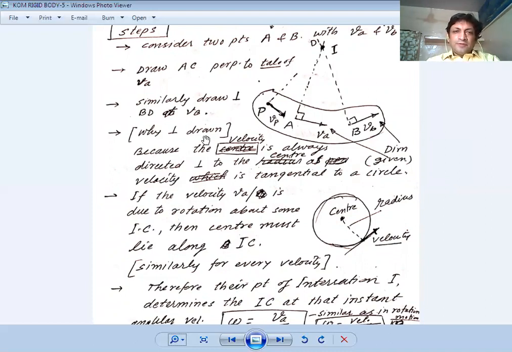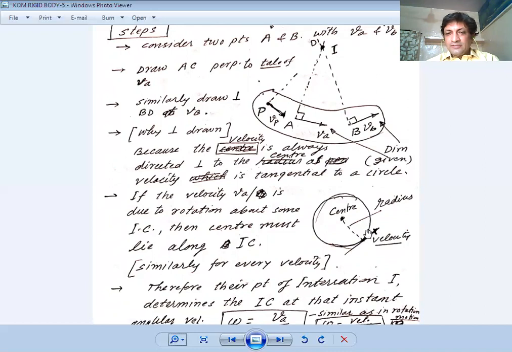So why do we draw a perpendicular? Because the velocity is always directed perpendicular to the radius from the center of rotation, because the body is rotating.